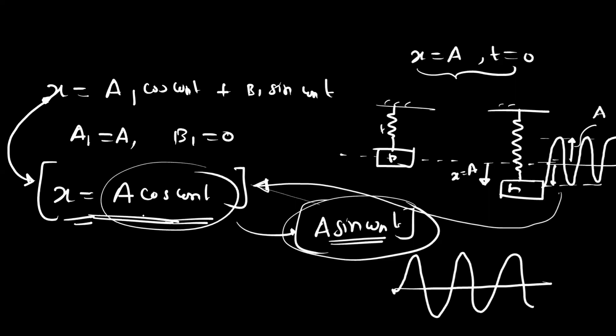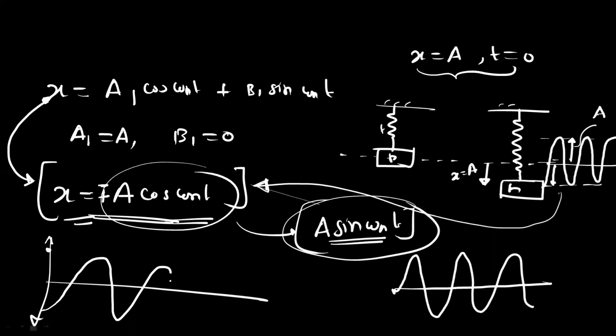If you plot this waveform on graph paper, you can even insert this equation in Excel and you can get the waveform. You can try this. If it is positive, it will start from this point. If it is negative, it will start from this point, like this.